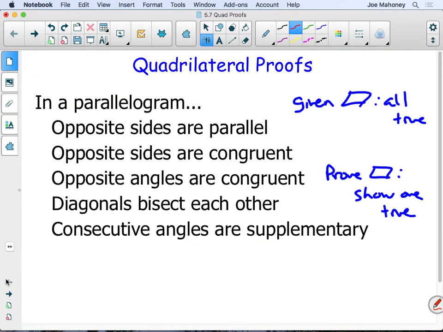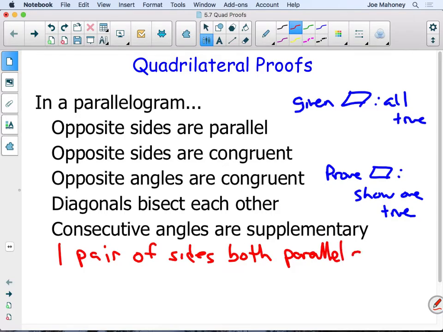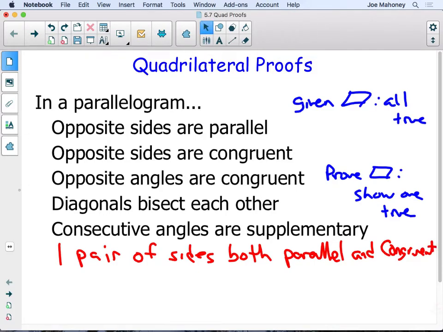So I'm going to go back here to the beginning, and I'm going to also add in that a parallelogram has one pair of sides that are both parallel and congruent. So let's add that to our properties of parallelograms. And this is one that I like to use when I'm proving things are parallelograms. I like to say, hey, because it has one pair of sides parallel and congruent, it's got to be a parallelogram.